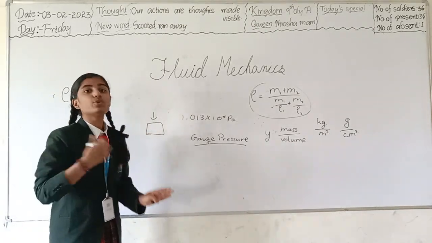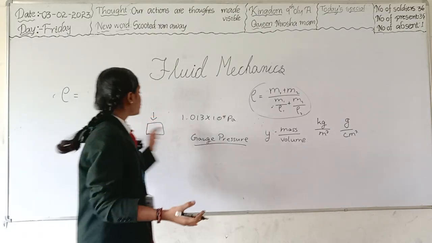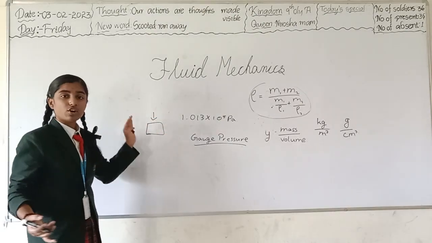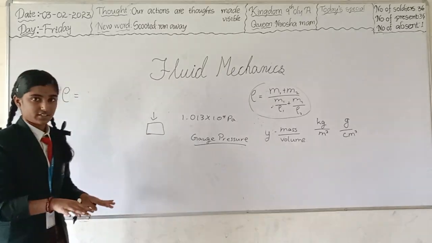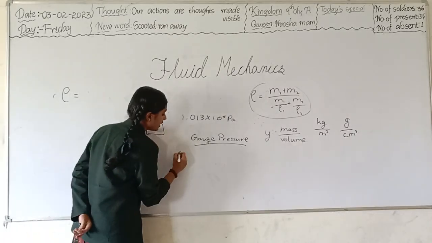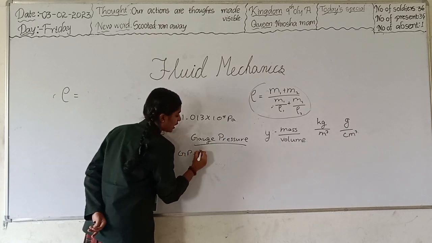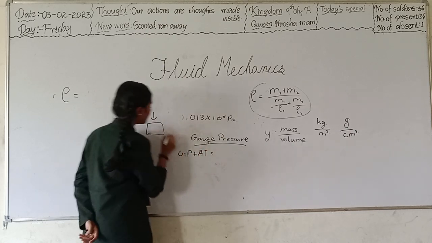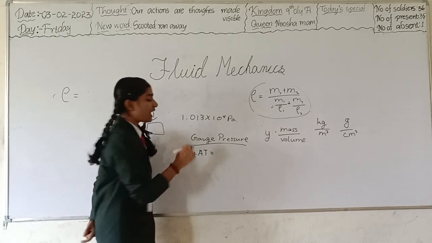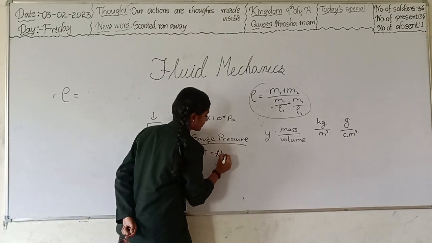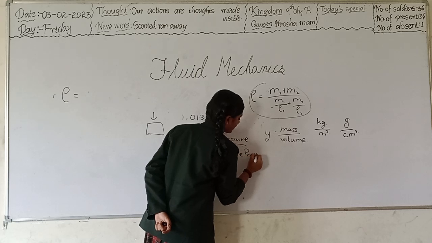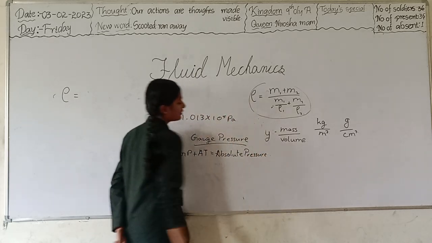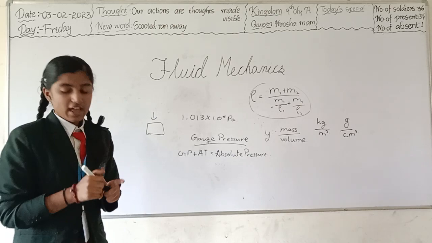That means it is more than the atmospheric pressure. So the total pressure acting on this object will be the atmospheric pressure as well as the pressure I am exerting on it. So that will be gauge pressure plus atmospheric pressure. And that total pressure is called absolute pressure.